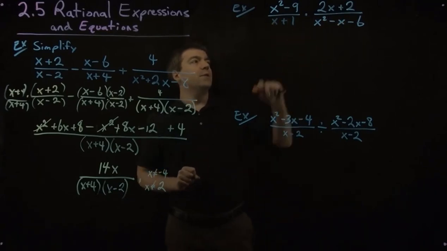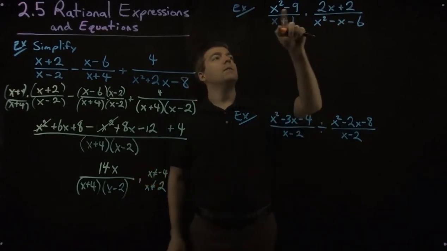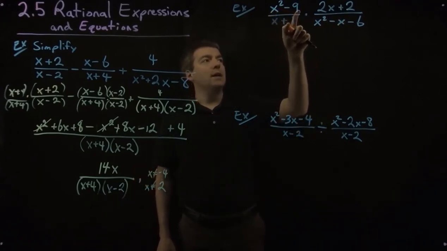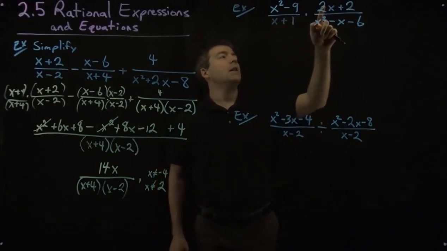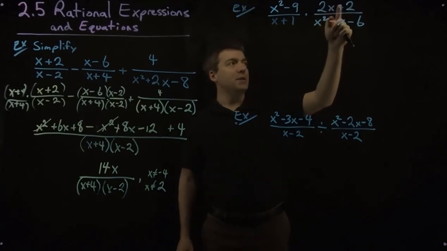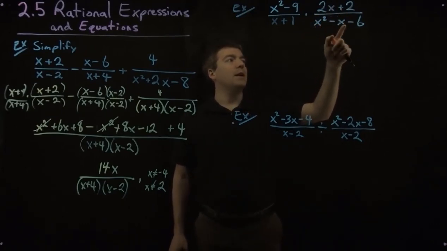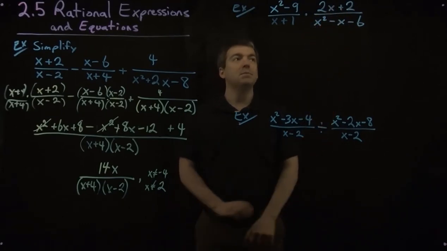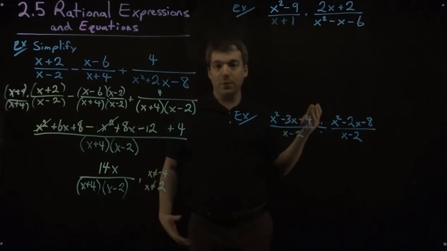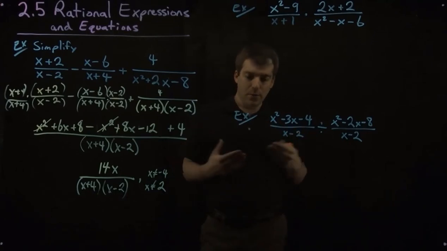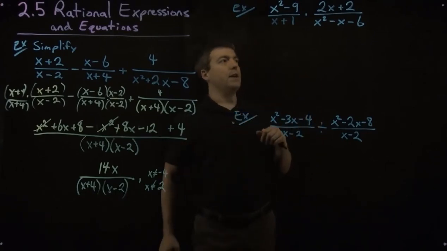Let's take a look at this first one. We have a product here of x squared minus 9 over x plus 1 times 2x plus 2, divided by x squared minus x minus 6. All right, when we multiply, as you know, to multiply fractions, multiply the numerator, multiply the denominator. It's no different here.